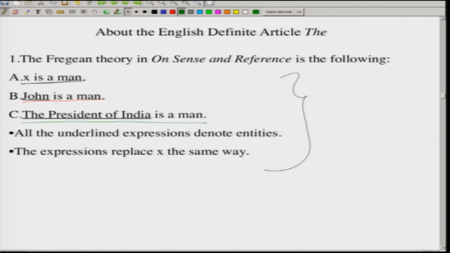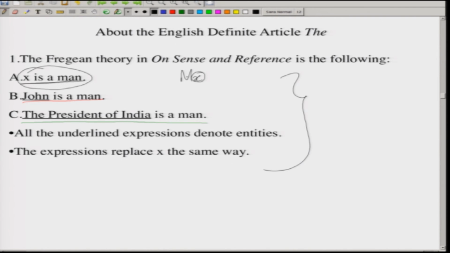Which means that as if one single structure, like X is a man, or MX, underlies John is a man and the President of India is a man, as if X could be similarly replaced by both John and the President of India. That is, John is an entity and also the President of India is an entity. They could both replace X and make statements like John is a man and the President of India is a man.